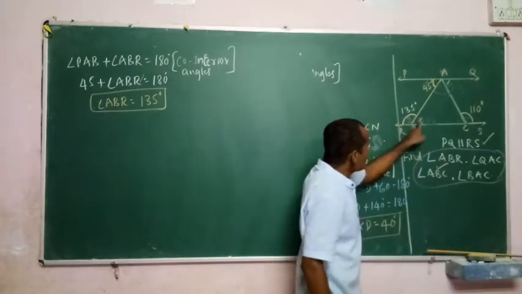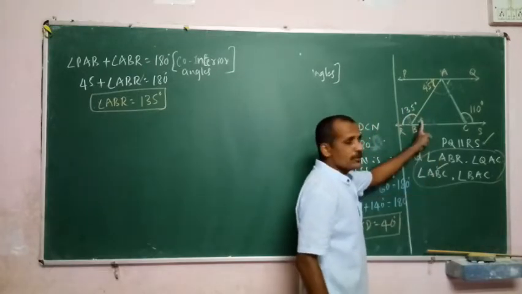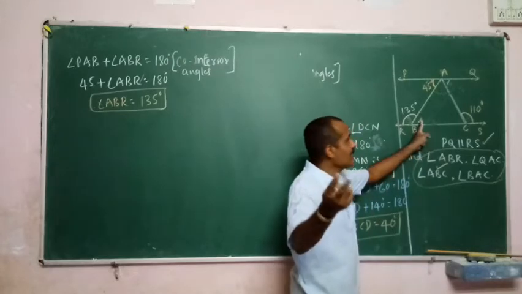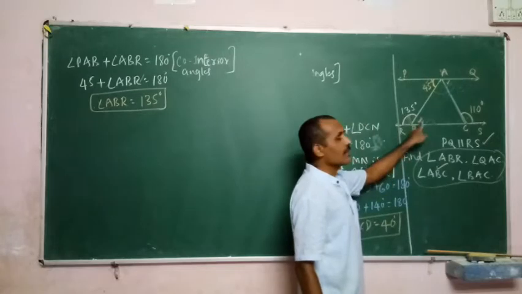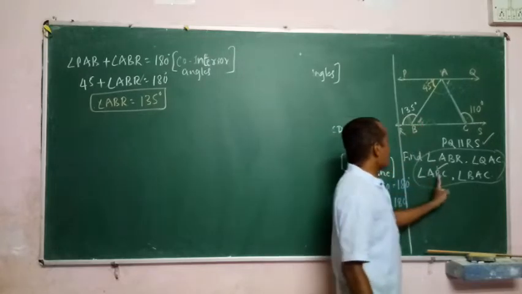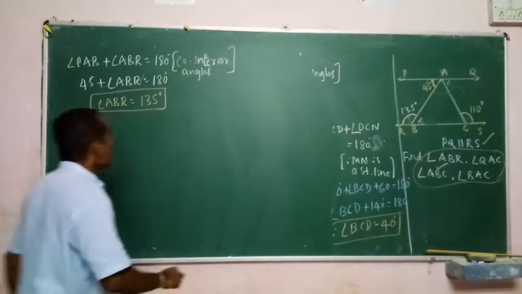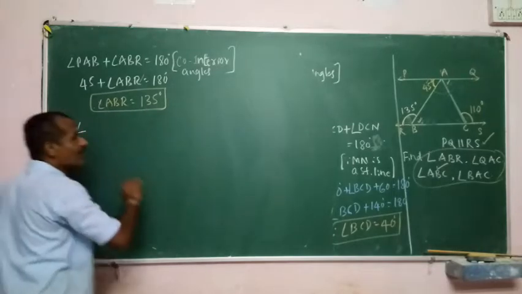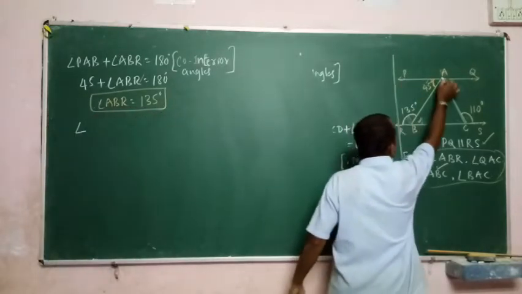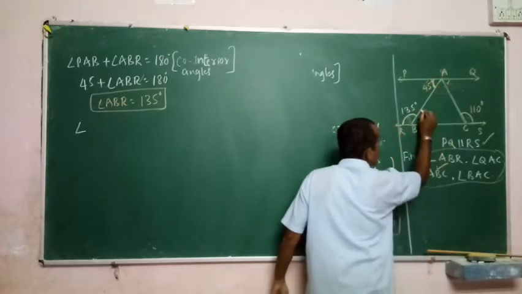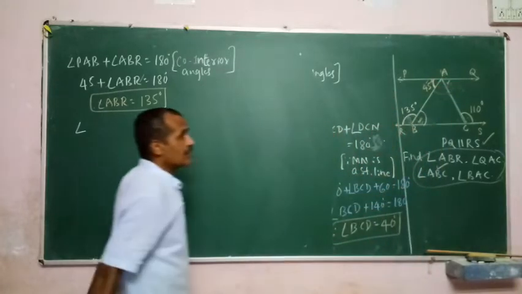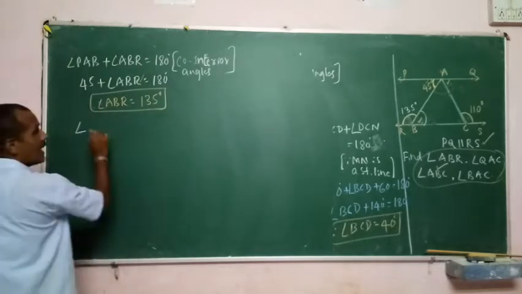Can I find angle ABC? You have two methods to find ABC. Directly you can start from here to here, or you can take these two angles. I will find angle ABC first. Angle PAB is equal to angle ABC because of alternate interior angles.